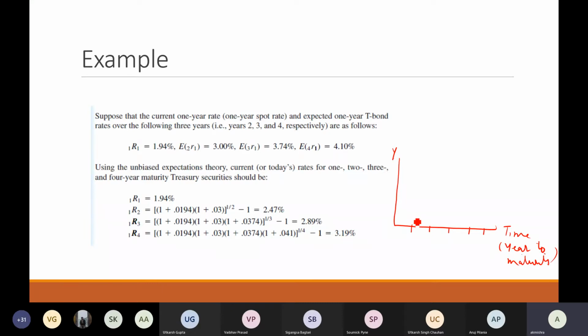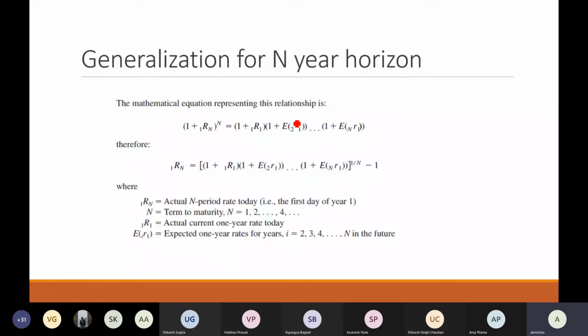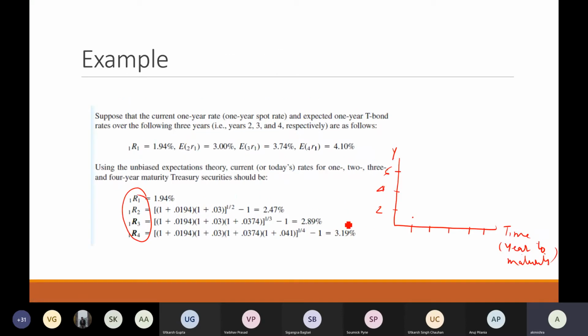This return will represent, I'm assuming this is 2, this is 4, this is 6. So to plot the yield curve using the unbiased expectation theory, we need all these yields. And when we plot using this relationship, because we can generalize this for 1 year, 2 year, 3 year, 4 year, up to n year, using this relationship we calculate the different yields.